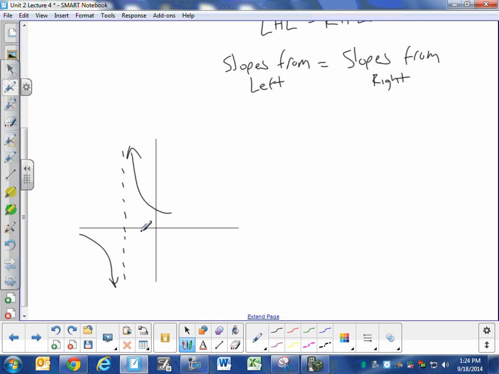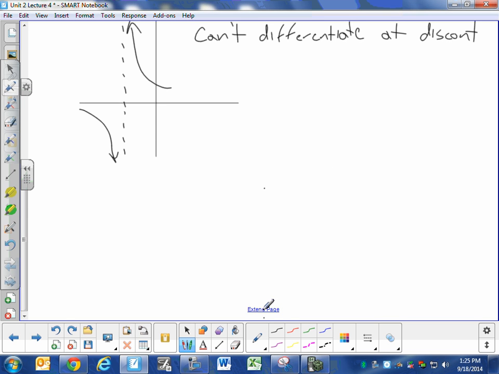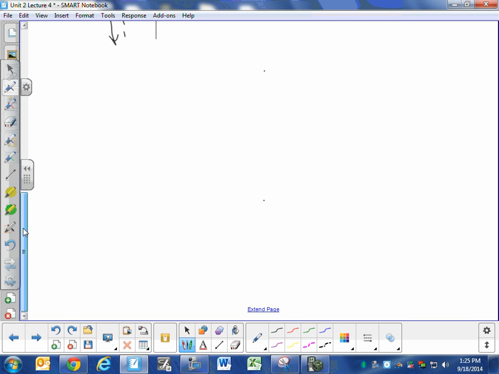So, you're not allowed to differentiate at discontinuities. But there are others where we don't have discontinuities, but we can't take derivatives.